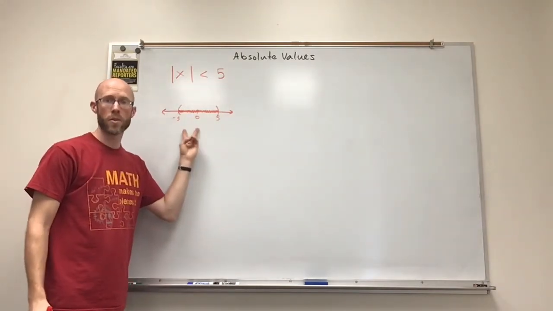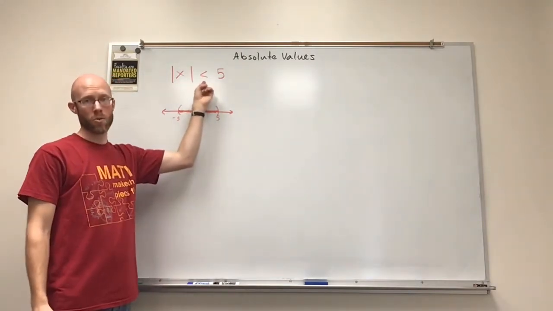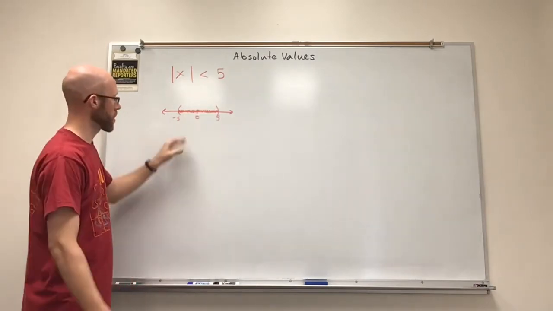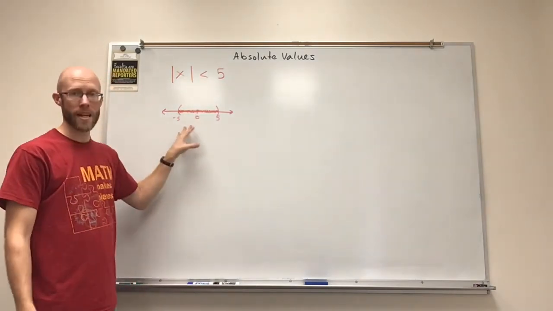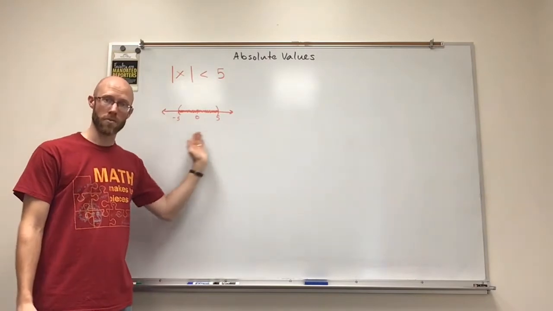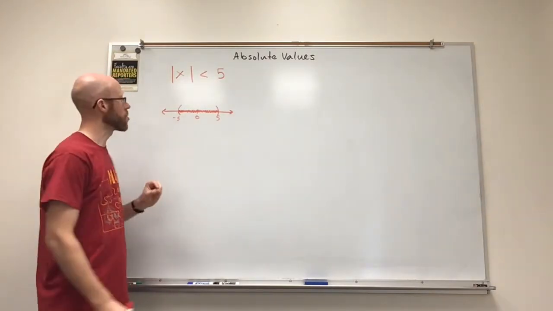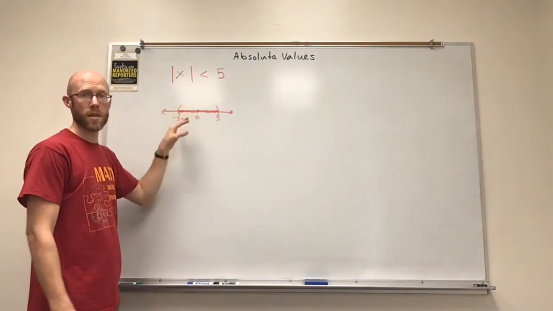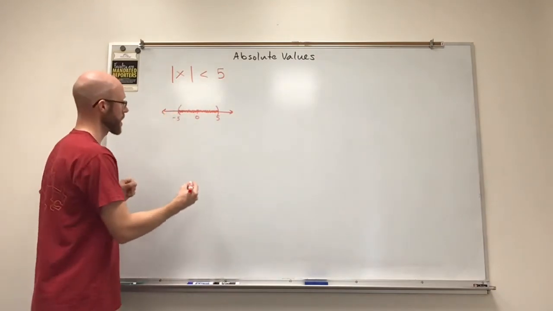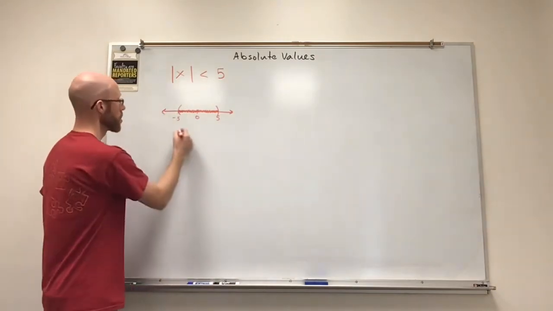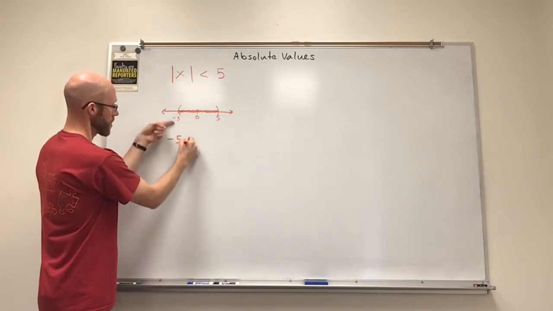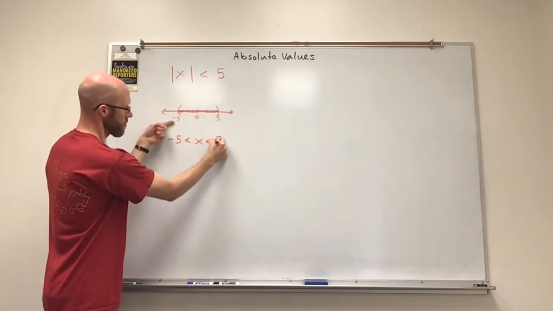I would include the endpoints if I had a less than or equal to sign here. So the interval plotted in a graph form runs from -5 to 5. And how I would rewrite this is as a compound inequality where -5 is less than x, which is less than 5.